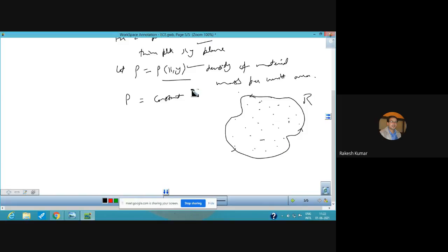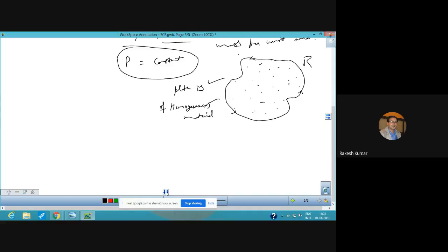This is the difference. And if the density is the same, then we can say that the plate is of homogeneous material. Remember, if the density at every point is the same, we can say that the plate is of homogeneous material, when the density is a constant density.